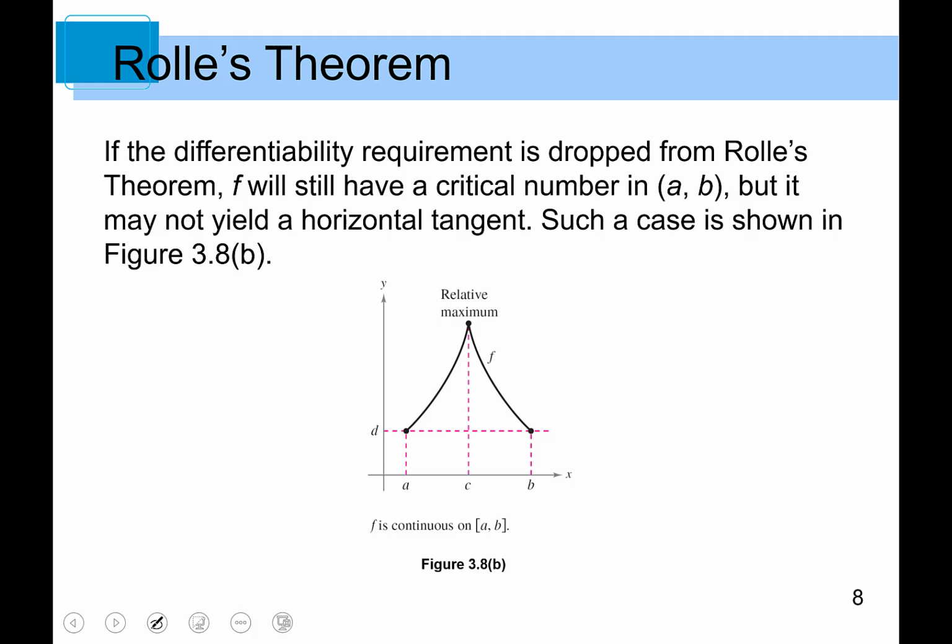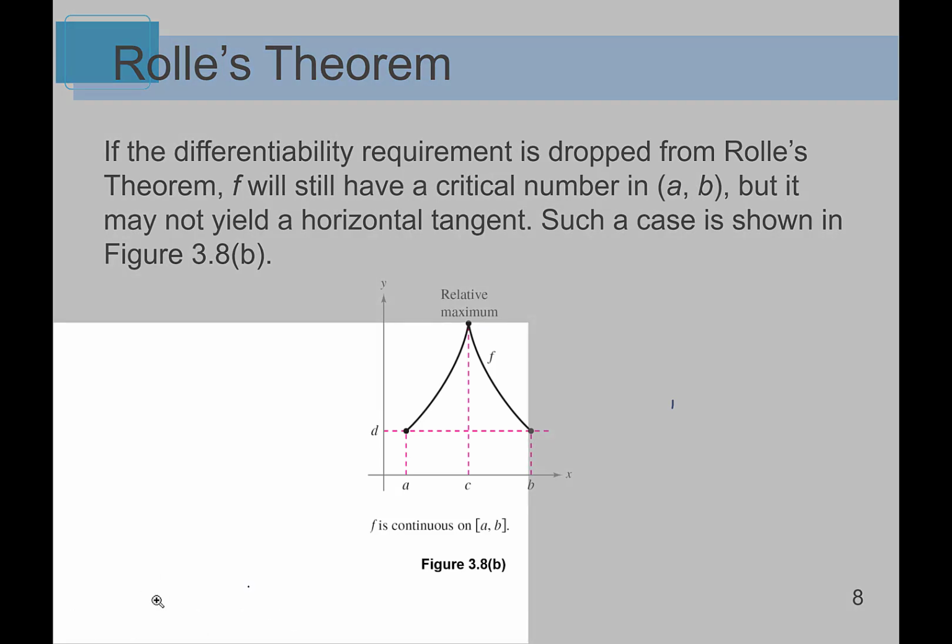So if we take off the differentiability requirement from Rolle's theorem, then f will still have a critical number in the open interval (a, b), but it may not yield a horizontal tangent. In this case, this is the case when we have a cusp.